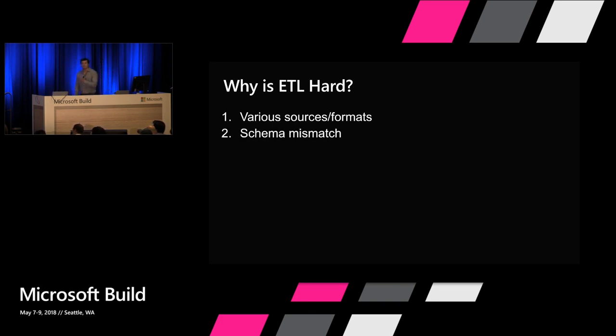Many times you might have schema mismatch. Even the data that you're reading from the same source might have changing schemas. Different types of data can be represented differently. How many times can date time be represented, and all the different ways it can be used. You have things like corrupted files and corrupted data.